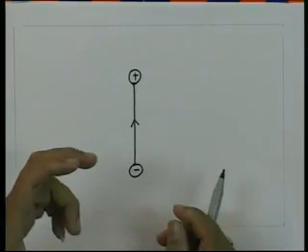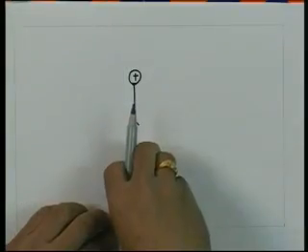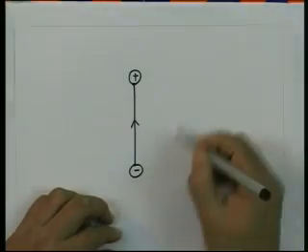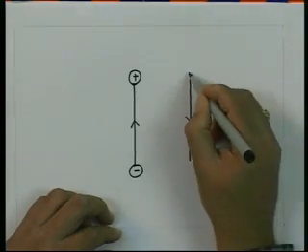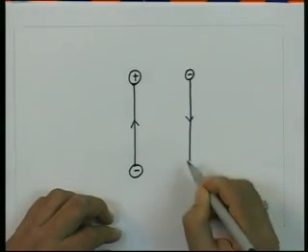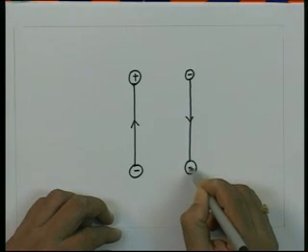So in one half cycle, the positive charges will get accumulated at this end and the negative charges at this end. In the next half cycle, when the current reverses direction, the negative charges will get accumulated here and the positive charges here.